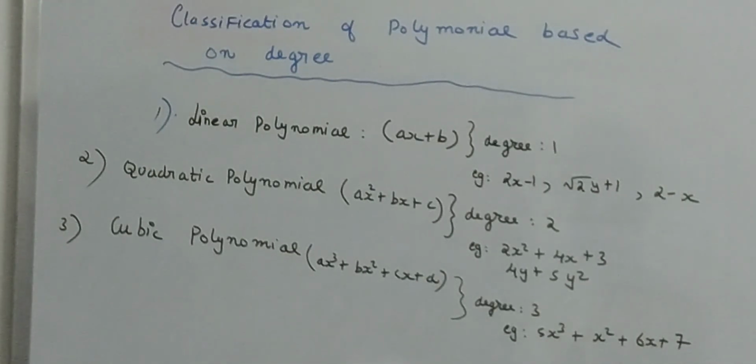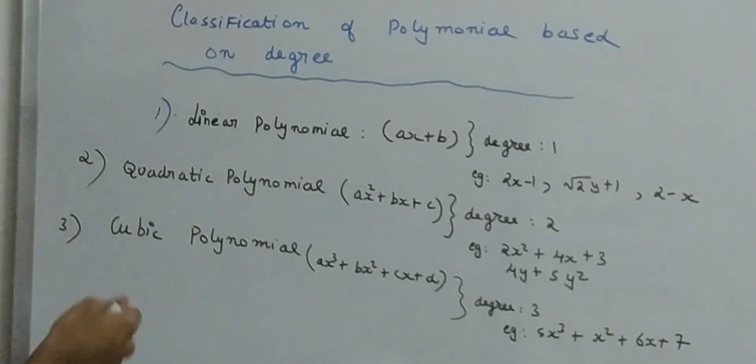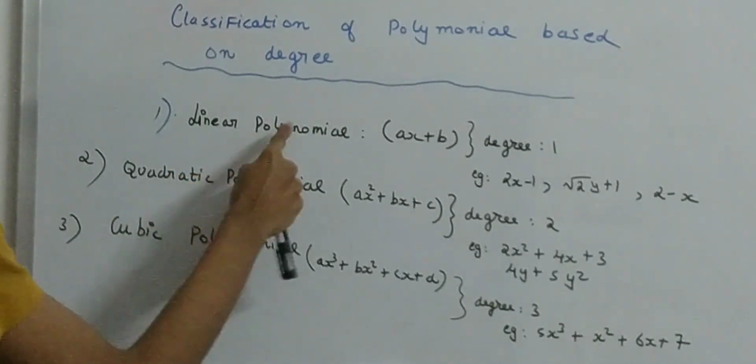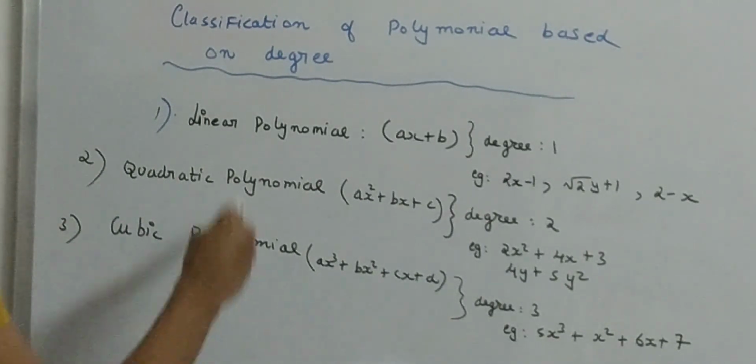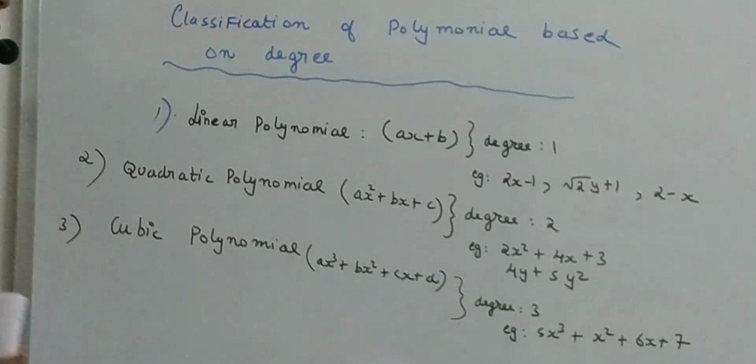Okay. So now let's learn about classification of polynomials based on their degree. Based on the degree we have three types: linear polynomial, quadratic polynomial and cubic polynomial. Linear polynomial means the degree of the polynomial will be 1.